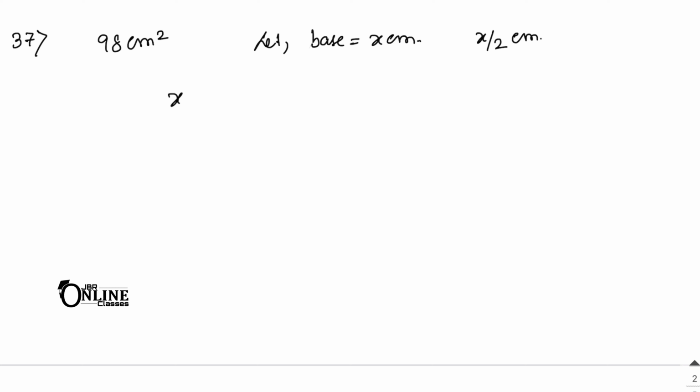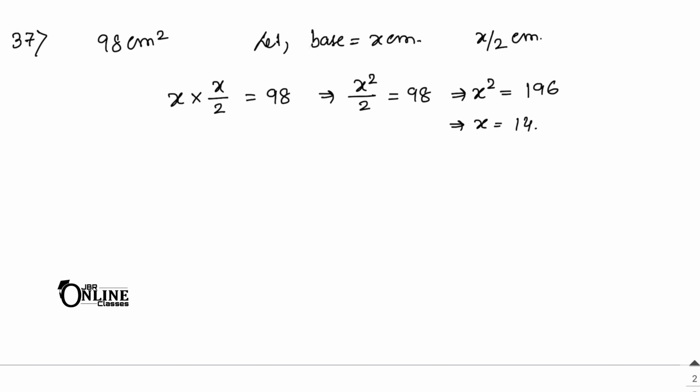So here base is x, so x into x by 2, that equal to 98. So you can write down this one as x square by 2, that equal to 98. That imply here x square equal to 196, and here x equal to 14. Okay. So that means here base equal to 14 centimeter and height or altitude equal to here 7 centimeter.